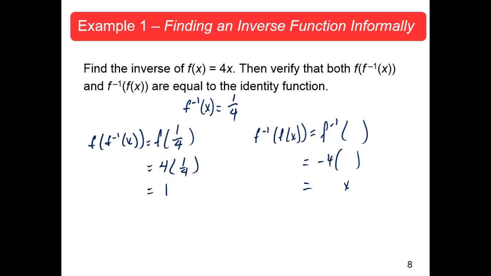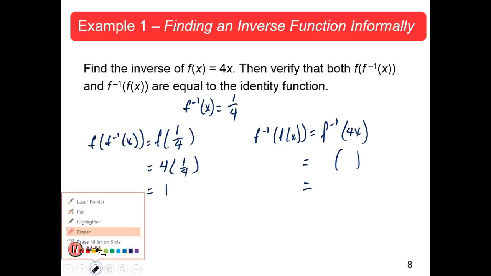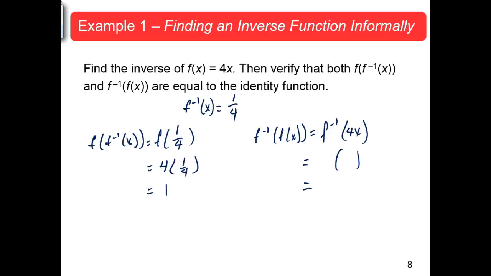Y'all awake yet? Okay, good. Your f inverse of f, that would be 4x, and then, let me erase the rest of this. I was in the middle of erasing when you came up with your proposed solution. Okay. We'll get there maybe. And f inverse, what is f inverse?